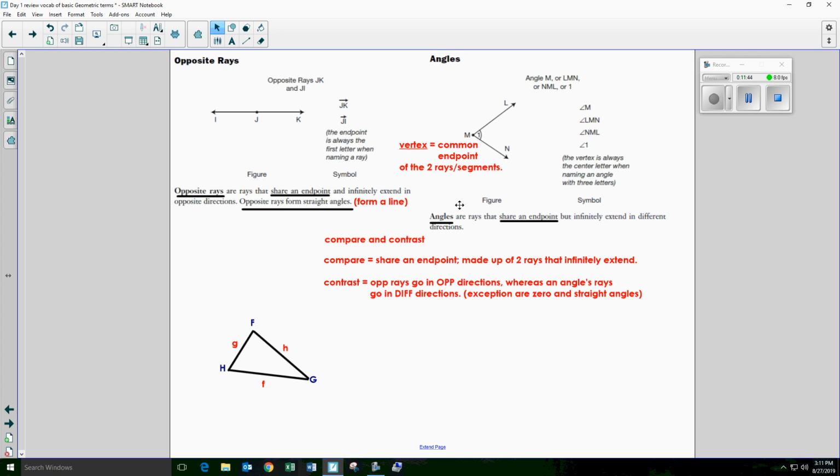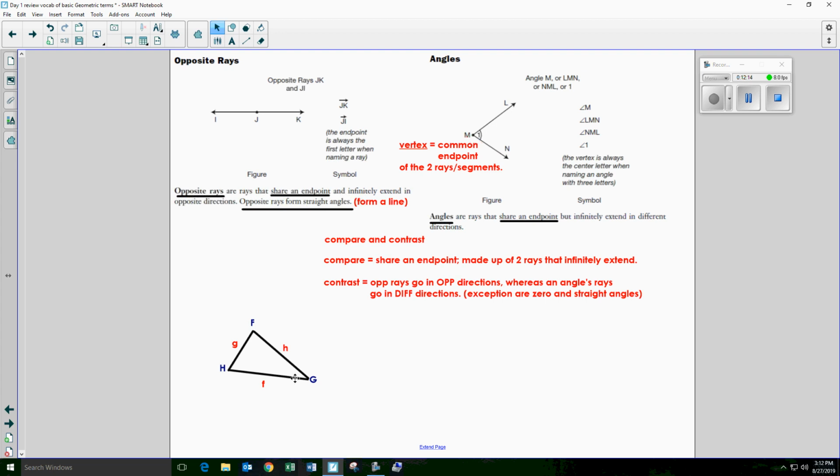I talked about how you can only name points with capital letters. As you see here, F, G, and H are the points. We have a specific place where we use lowercase. Lowercase is most often used in naming sides. One way to name a side, I could call it segment FH, of course, or I can call it lowercase g. It is opposite this angle, capital G, that's why it's lowercase g. Just as this side is opposite the capital H, so we call it little h.